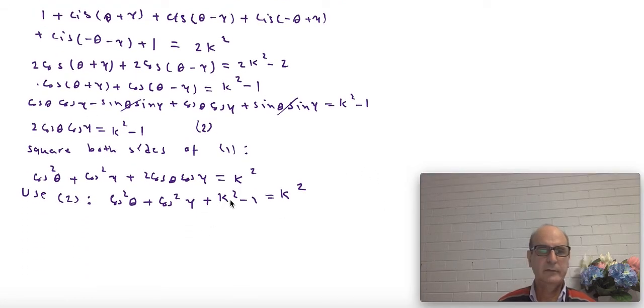Then k squared and k squared cancel out from both sides, and 1 goes to the other side, and we get cos squared theta plus cos squared gamma is equal to 1.